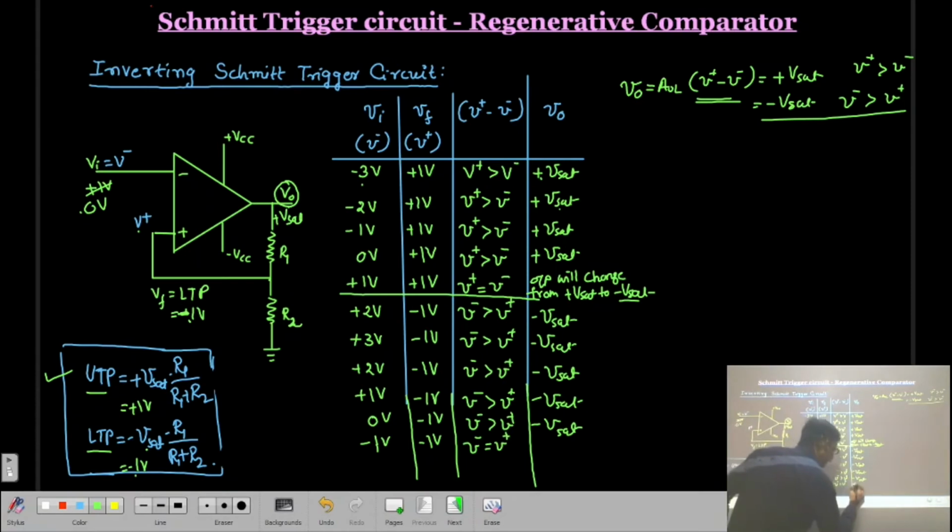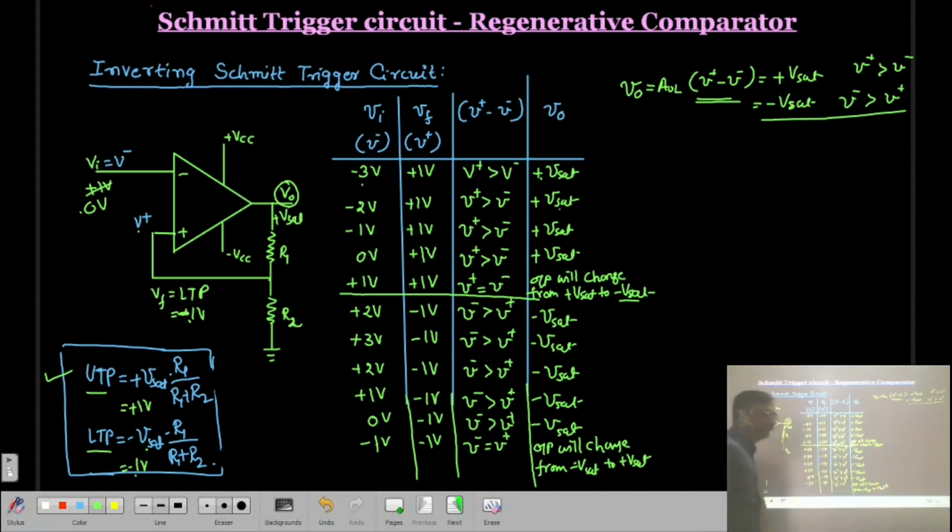So here the output will change from minus V saturation to plus V saturation. So again this is an important level.